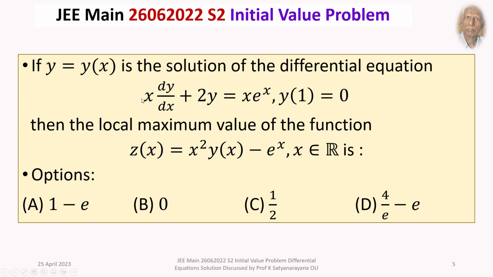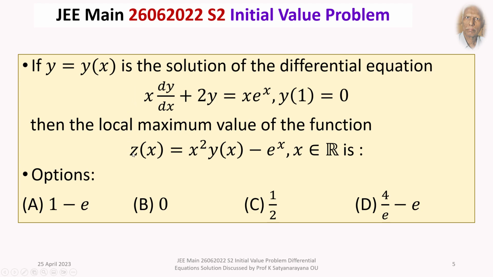Now we are given a differential equation x dy by dx plus 2y is equal to x e power x with a given condition y at 1 is equal to 0. Take this differential equation, get its solution, call it as y is equal to y of x.